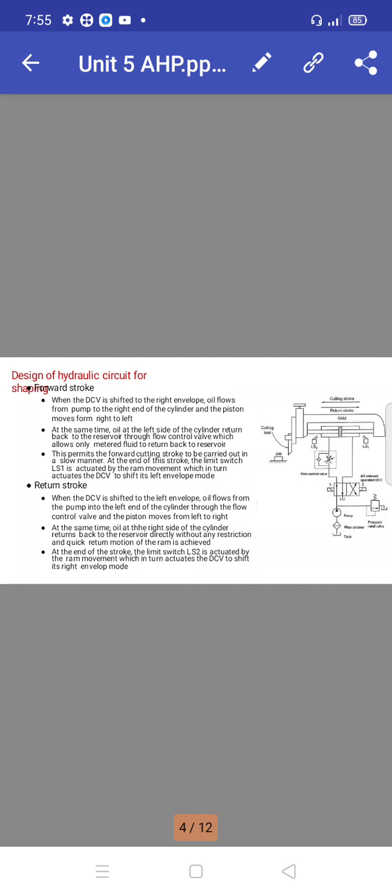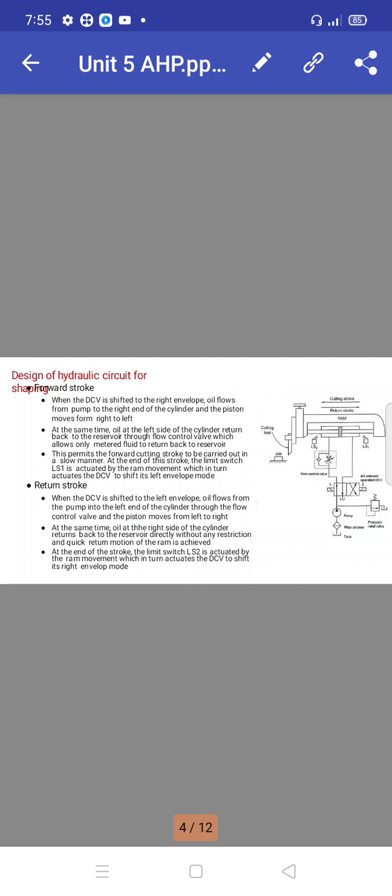Then the return stroke: the directional control valve is shifted to the left envelope. Oil flows from the pump into the left end of the cylinder through the flow control valve, and the piston moves from left to right.